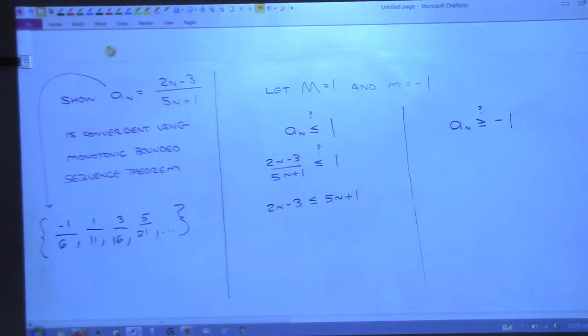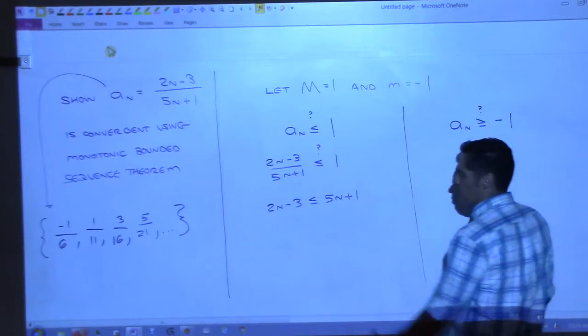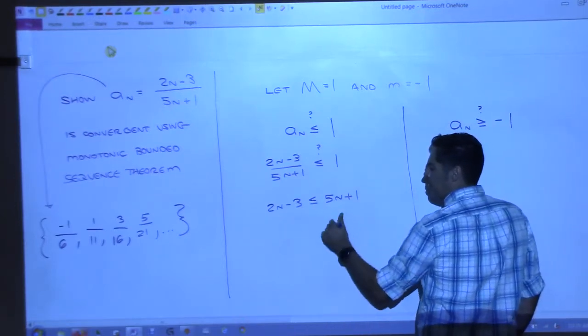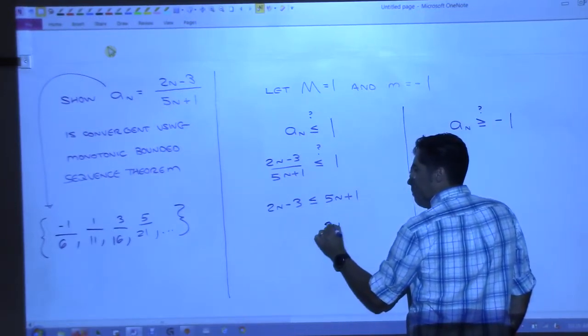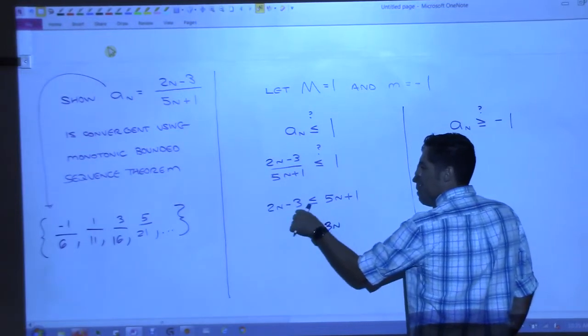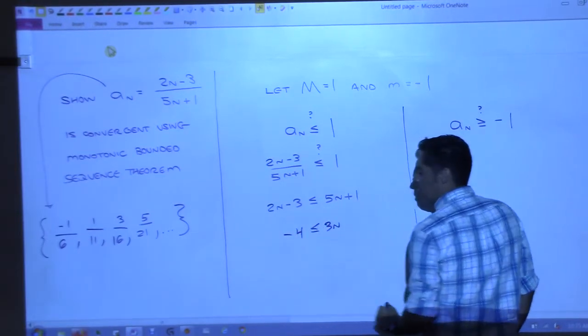Why not? 5n plus 1 is positive, right? Because n is always 1, 2, 3, 4. So that's okay. How about we get all the n's on one side, all the things that are not n's on the other side? So what about we bring this 2n over here? So 3n, right? Bigger than, and then bring that 1 over there. -4. Divide by 3.